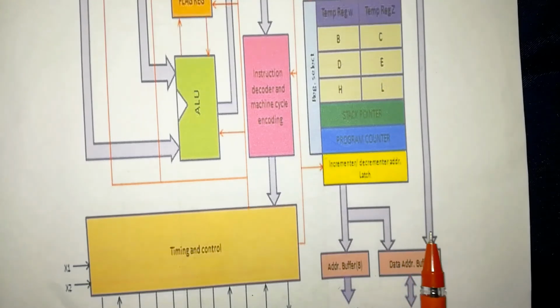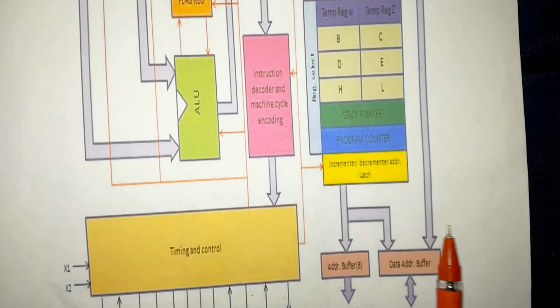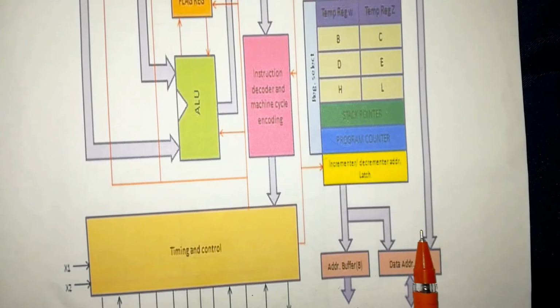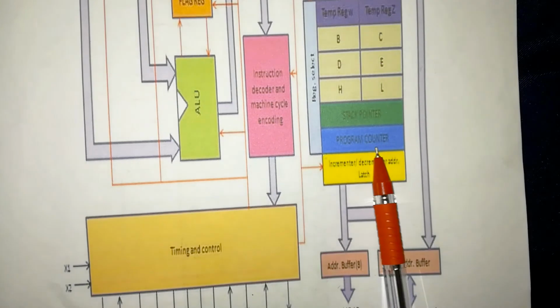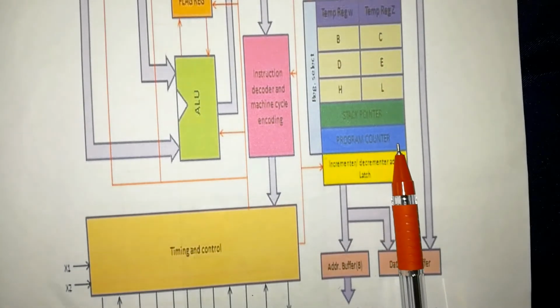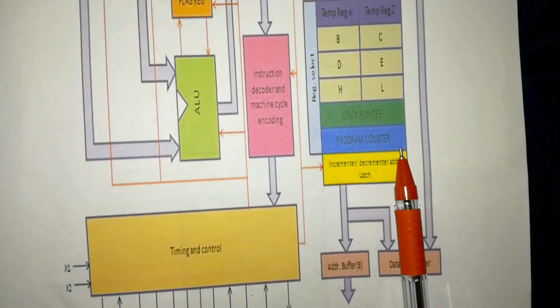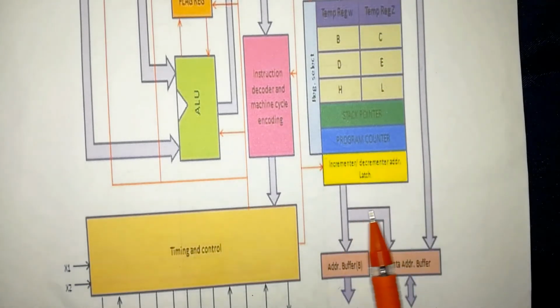The microprocessor uses this register to sequence the execution of instruction. The PC, that is program counter, is automatically incremented after a particular instruction has been fetched by the microprocessor.